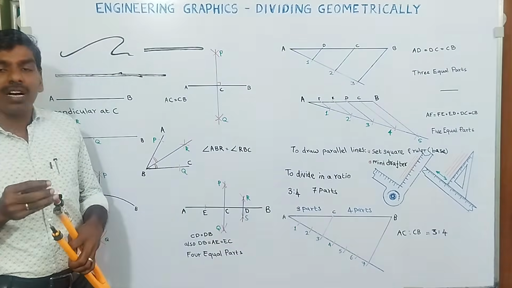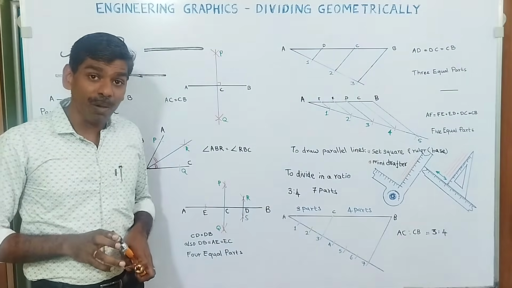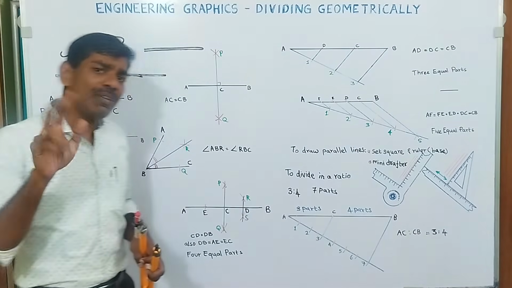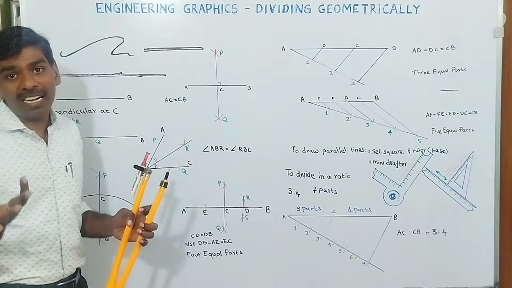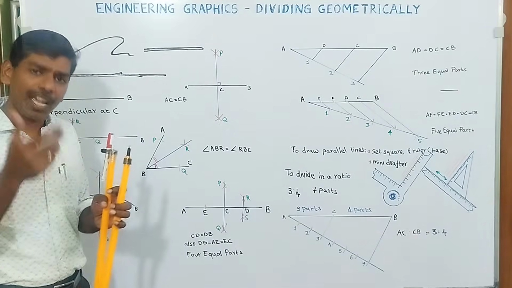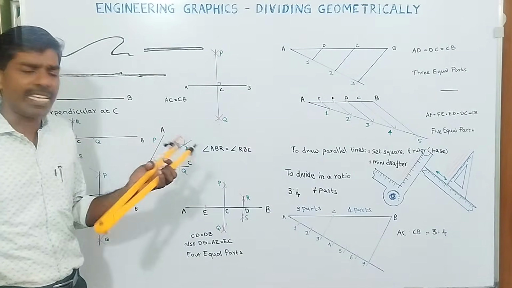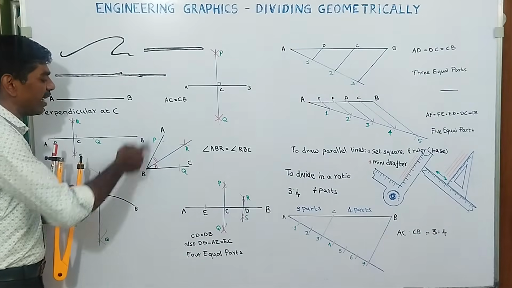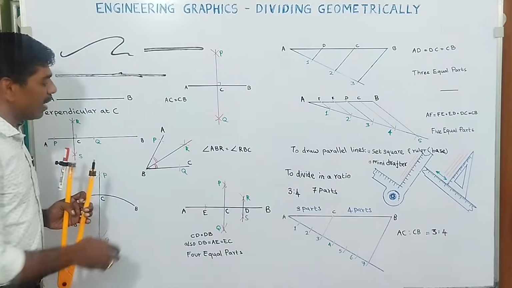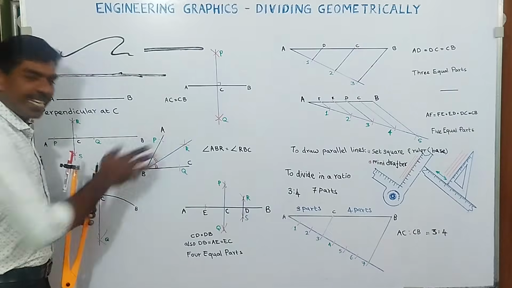Now, coming back to this one. Here we have divided the line into two equal parts. In the same manner, we can even bisect an angle. That angle can be acute or obtuse, whatever it is. Considering an angle ABC, now we need to bisect this.